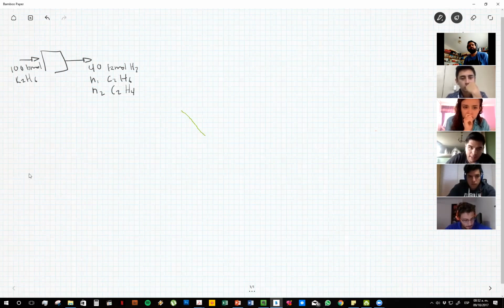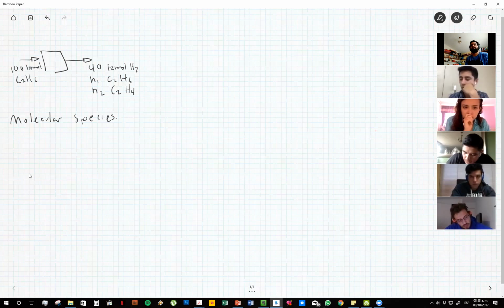Okay, so we're going to solve the problem with the 3 different methods. The first one is the molecular species, right? In this particular way of solving a problem, what you have to pay attention to is what happens to each of the components. So for example, if we do hydrogen balance, we have to pay attention to what is going on.